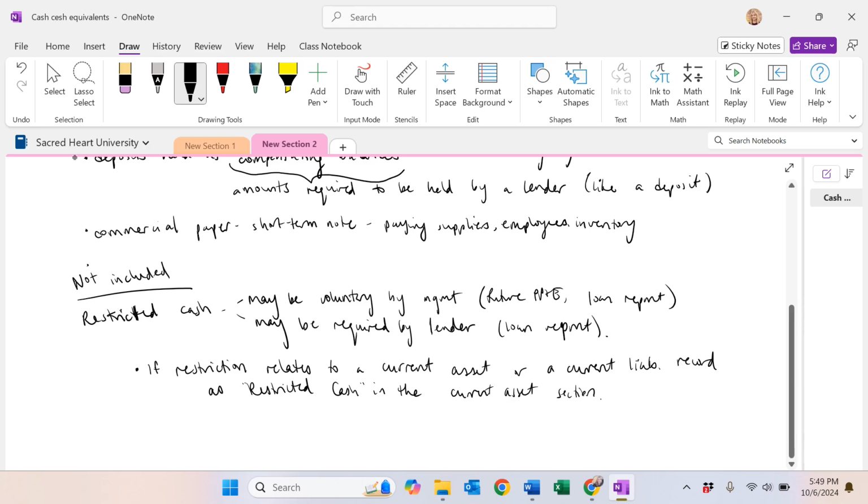And if it relates to a non-current asset, you are expecting to purchase plant, property, and equipment, or a non-current liability, you have to pay back a long-term loan, and you're setting this cash aside for that, then you're going to report it as restricted cash in the non-current asset section.